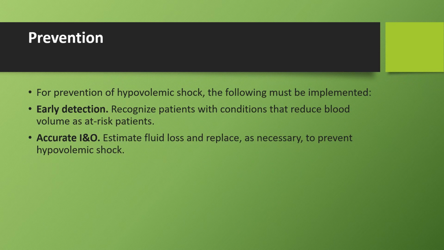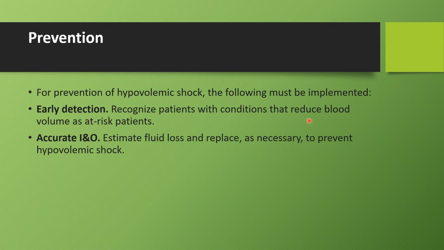So how can we prevent this hypovolemic condition? Suppose we know the patient has dehydration; if it is left untreated, it will go to hypovolemic shock. So we have to treat in the dehydration period itself. That one we can call early reduction.